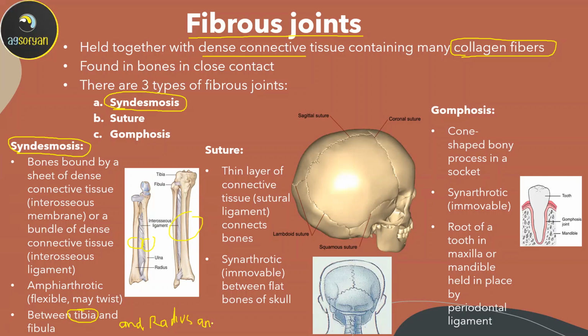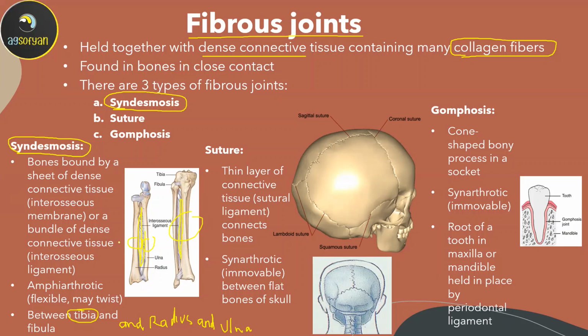So this is located in the lower arms and also on the legs. You see this is a fiber that connects these two bones, radius and ulna, and the one that connects the tibia and fibula.